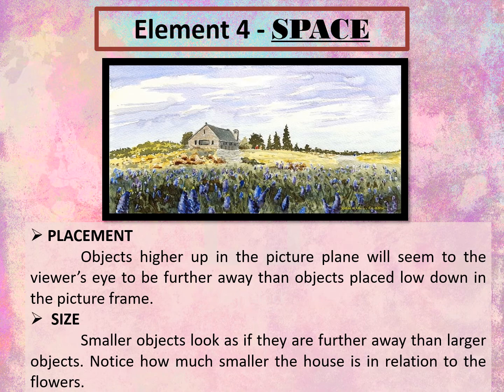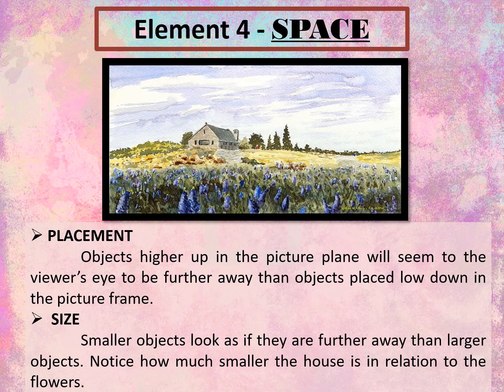Okay, as you can see in the picture, the painter used a technique in which it is placement. Objects, which is the house, higher up in the picture plane will seem to the viewer's eye to be further away.